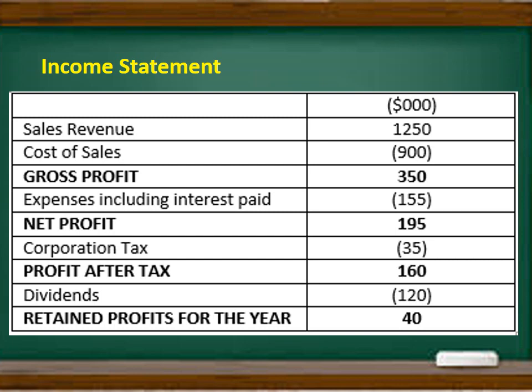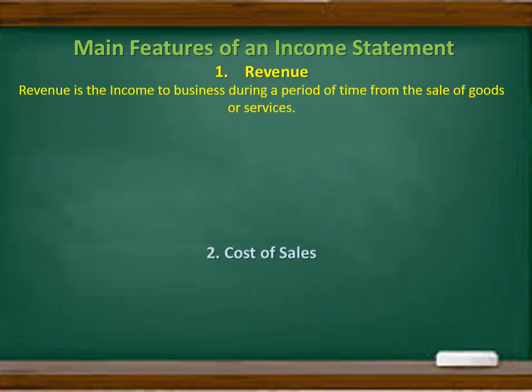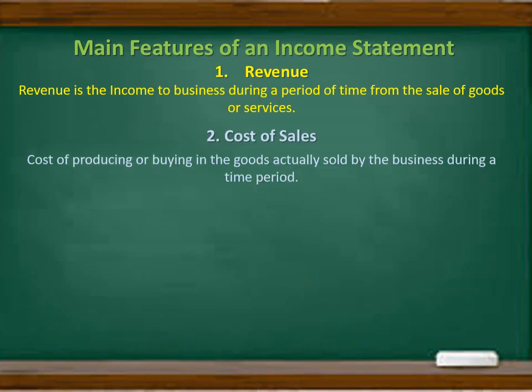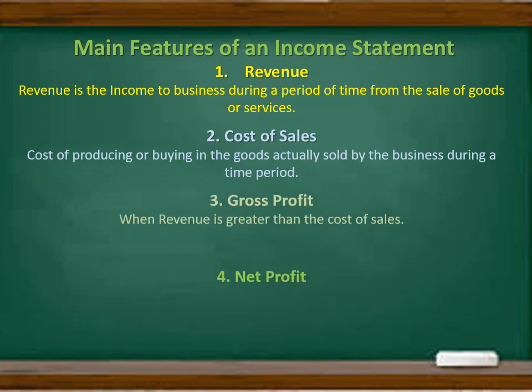And from the net profit, once you've taken off the taxes, you have the money available through which you could pay dividends. And after paying the dividend, what you are left with is your retained earning or the retained profit for that year.